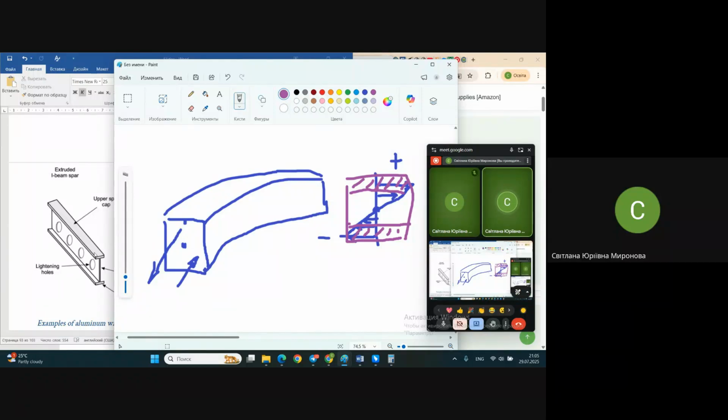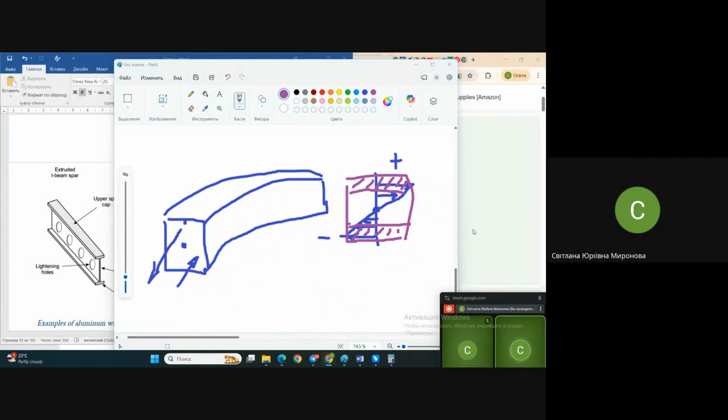For instance, the spar, this longitudinal element working with bending moment, is better taken with an unequal shape with respect to what we have already understood.